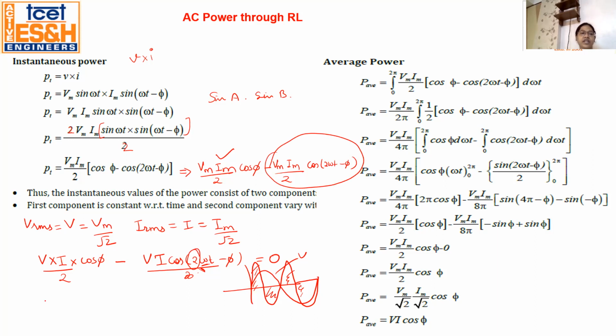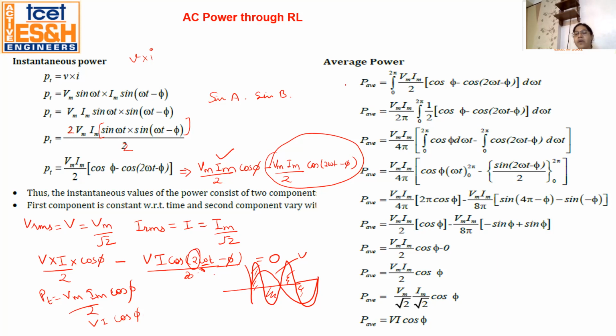So the only instantaneous power considered is P is equal to Vm Im cos phi upon 2, or VI cos phi. The other term is equal to 0 because it has just twice the frequency of the voltage and current.